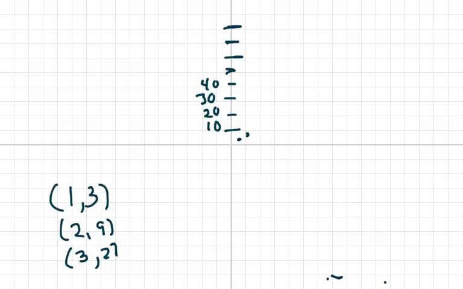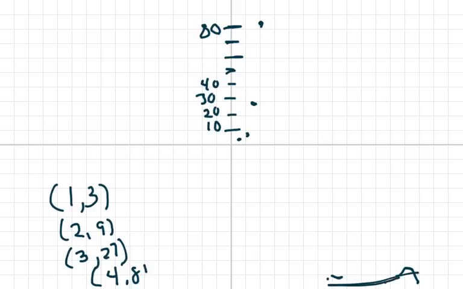So this scale is off, but you get the idea. This grows exponentially. This is an exponential function. And 4 goes to 81. So when you get to 4, you're way up here at 81. This is 80. So you get way up here. And it grows exponentially. Okay?